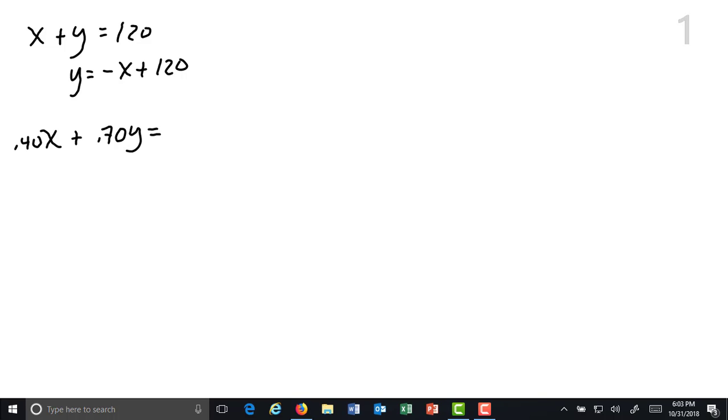Now, if you notice, 50% of what? 50% of the total batch. That's your second equation. Notice that 50% has to lay between what? Between 40 and 70, or it wouldn't make any sense.